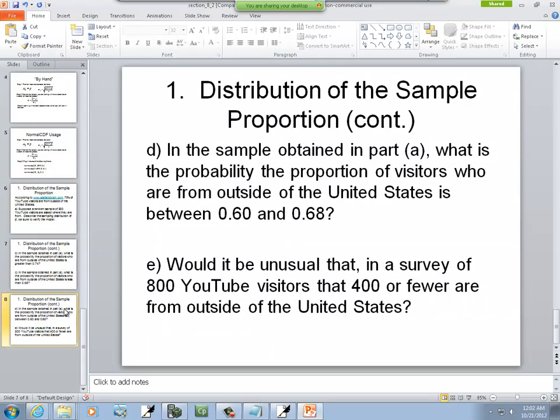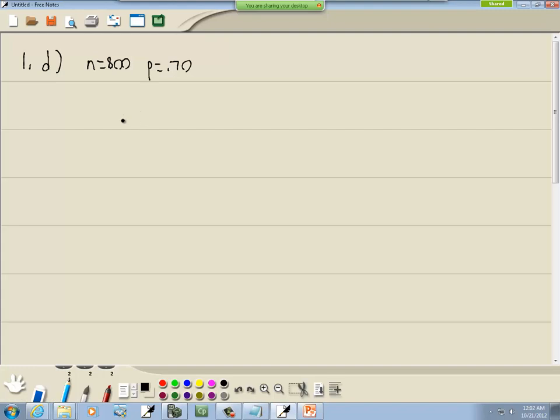And D says, in a sample obtained in part A, what is the probability of the proportion of visitors who are from outside the States is between 0.60 and 0.68. Okay. So they're telling us p hat is equal to 0.60, and p hat here is equal to 0.68. There are two different p hats, in case you're wondering, but that's what they're asking.